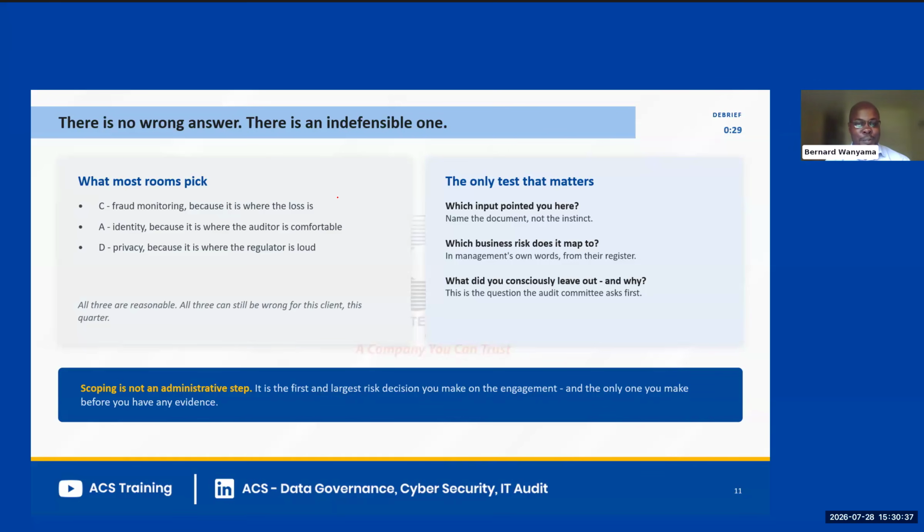Identity could also be another area, but privacy is driven by a regulator.